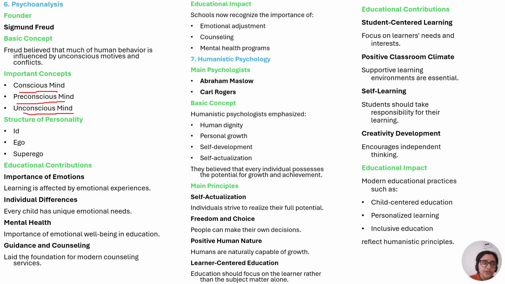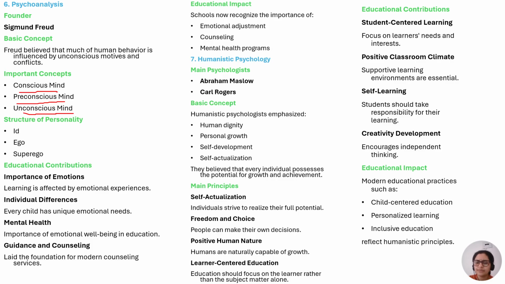And the unconscious mind is the drives or the instincts or the trauma that a person has within him. Whatever these feelings, trauma, desires or instincts are within us, unconsciously they are shown in our activities.